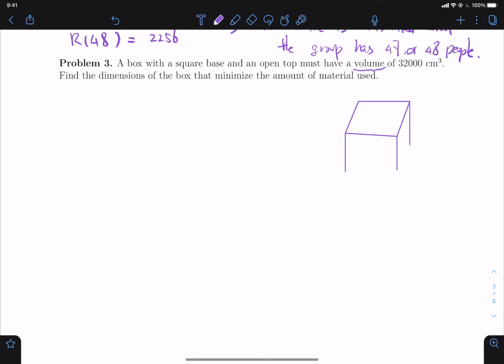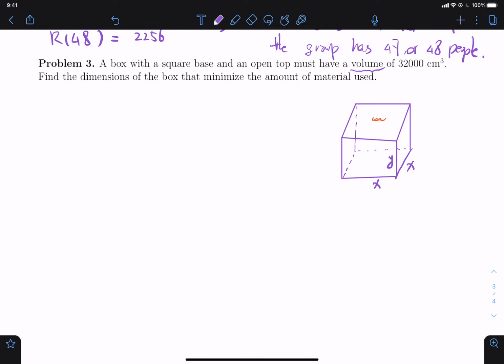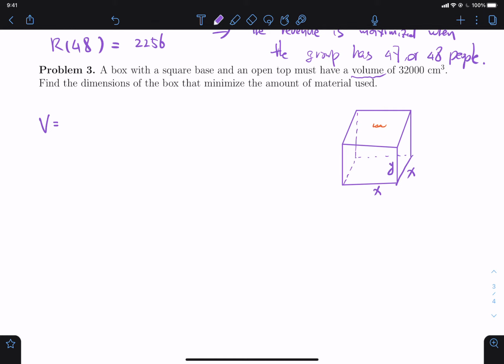Okay, so let's say that the length of the base is x. Since it's a square base, x is also here, and the height we use the letter y to represent. And now what do we have? We have that the volume is equal to 32,000. We know that volume is equal to the area of the base times height.